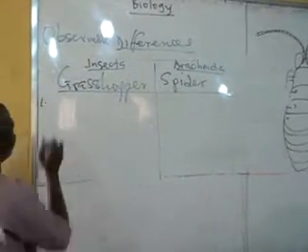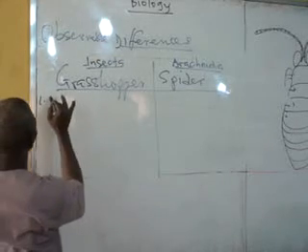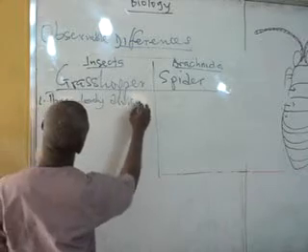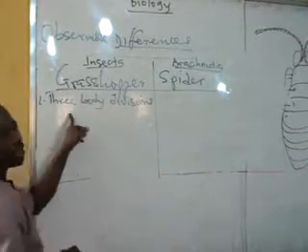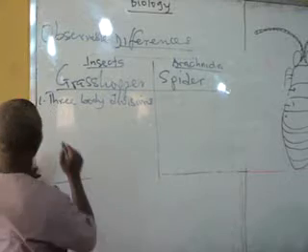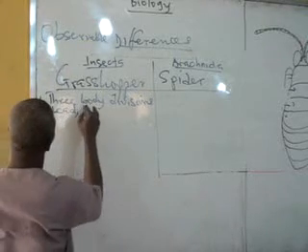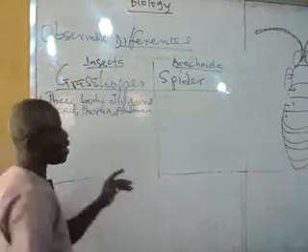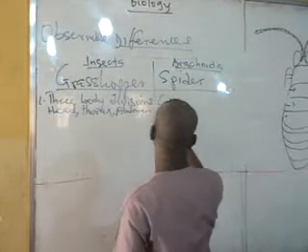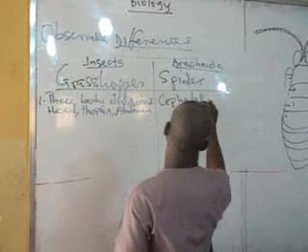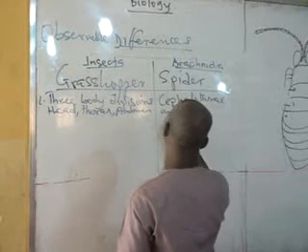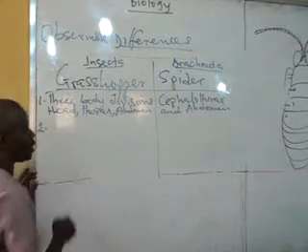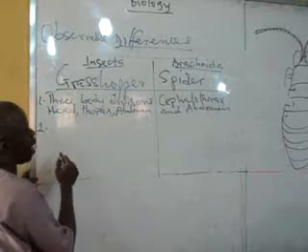Now one, you can observe that this one has 3 body divisions, and we need to mention the names of the body divisions, which are head, thorax, and abdomen. As we have said, this one has 2 body divisions, which are cephalothorax and abdomen.